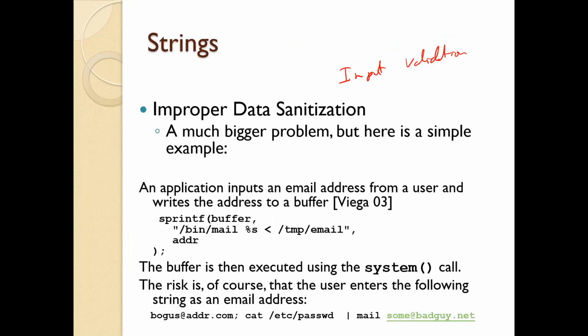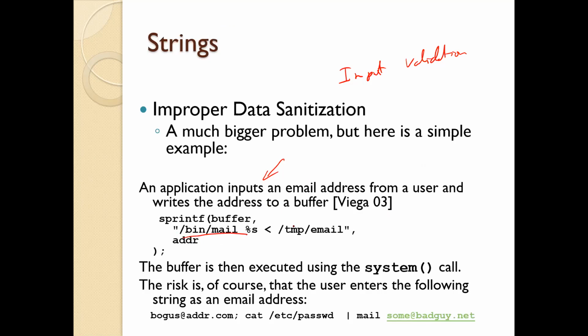A much bigger problem, but here's a simple example. You're kind of familiar with this because we've been doing this. It would be if an application takes an email address as input from a user, right? And it's making a call to this. What is this, do you think? When you see that bin mail, percentage, you should know all of this because you've taken 372 with me, right?